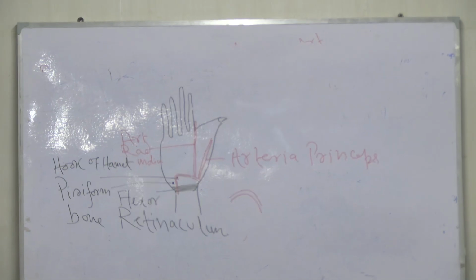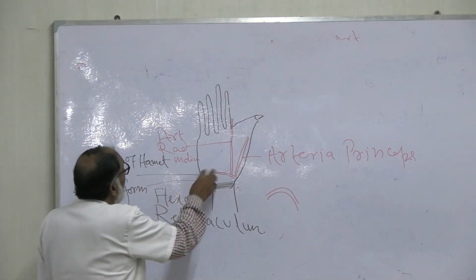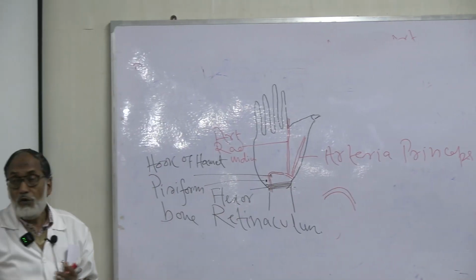Now from this arch it will give some branches. কি কি ব্রাঞ্চ দেবে? এইখান থেকে আর্টারি যখন হলো it will give off what type of branches?